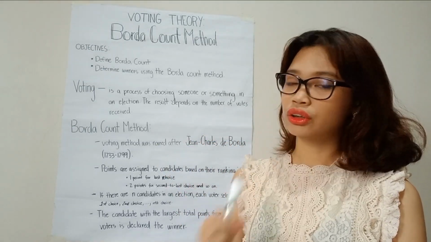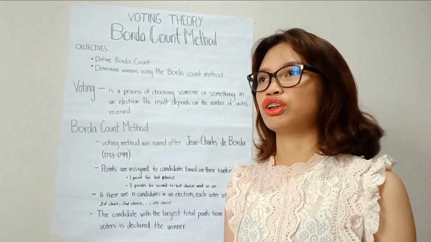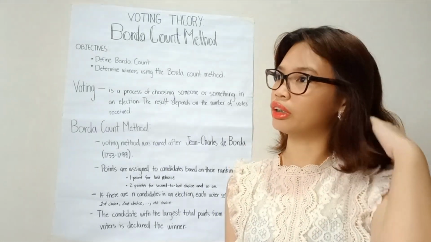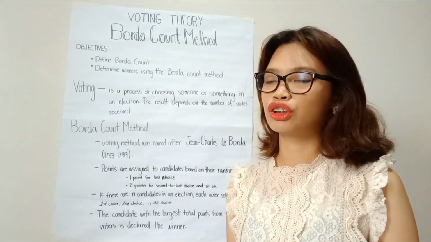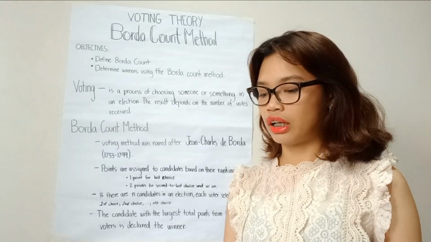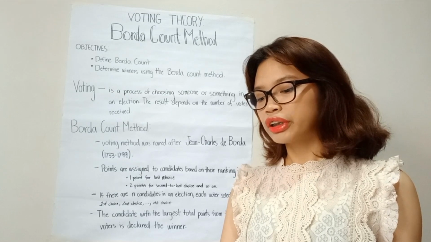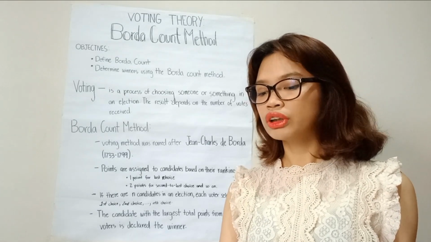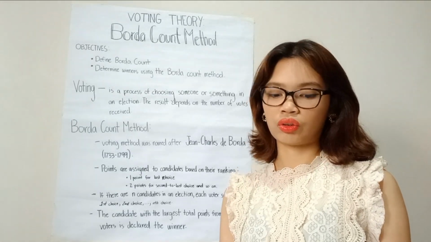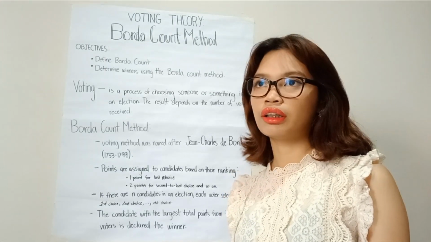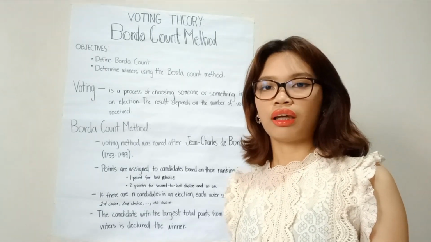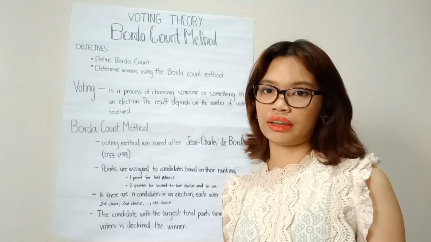Actually, it is choosing one to be the winner in an election or in a group that you need to vote. So it is the numbers of support for or against a proposal determining its outcome. Determining the result of voting is not as simple as it seems.